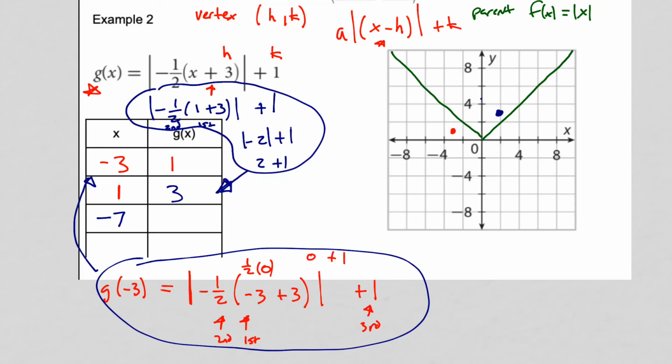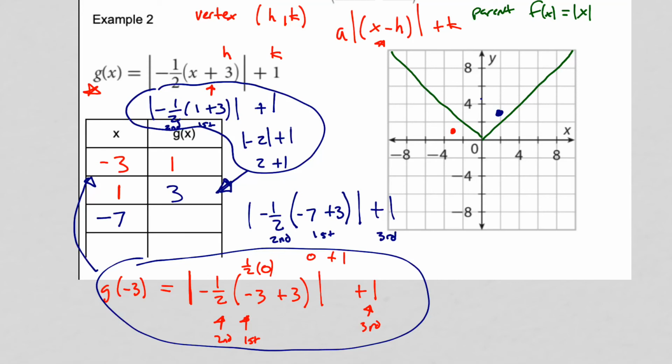Now I'm going to write the function, the absolute value of -1/2 times, and then for x I'm going to put -7 plus 3, absolute value, plus 1. I'll do this part first, this part second, and then third.